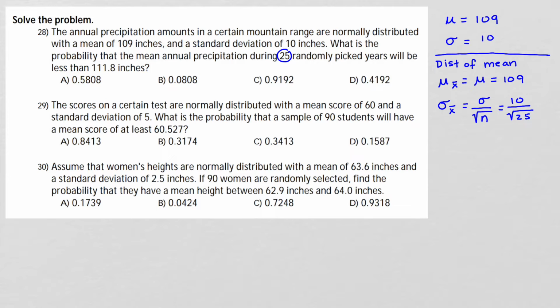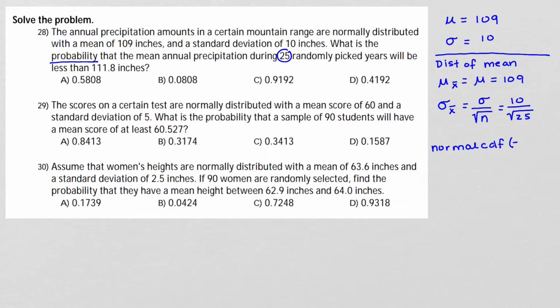So when I put this into the calculator then, I'm going to find Normalcdf. I'm going to use that Normalcdf function because I'm looking for a probability. So with the Normalcdf function, I need my lower limit, and it says we want to know the probability the mean will be less than 111.8.